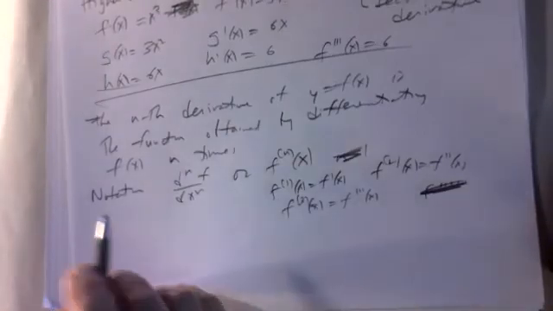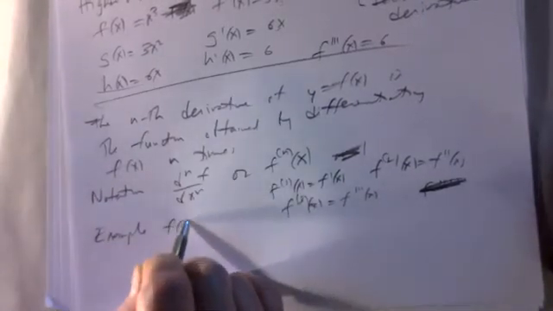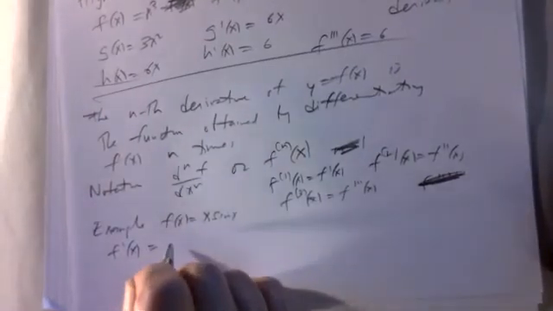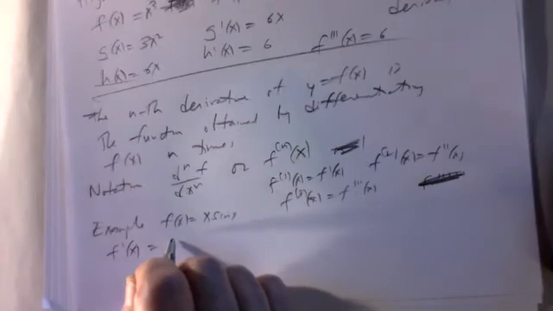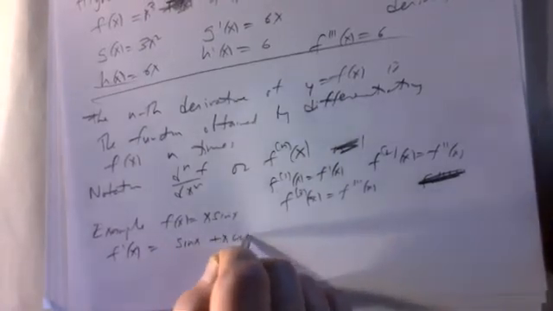So for example, if f of x is x sine x, the first derivative by the product rule is sine x plus x cosine x.